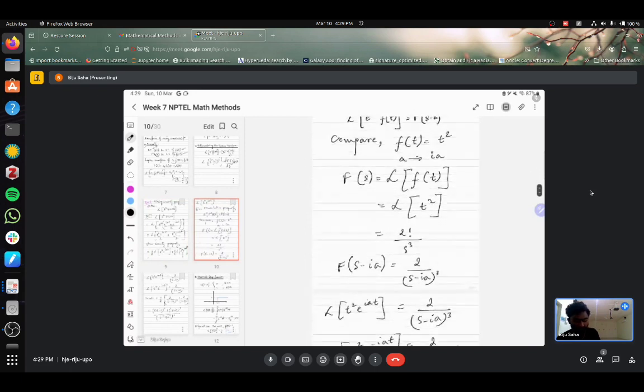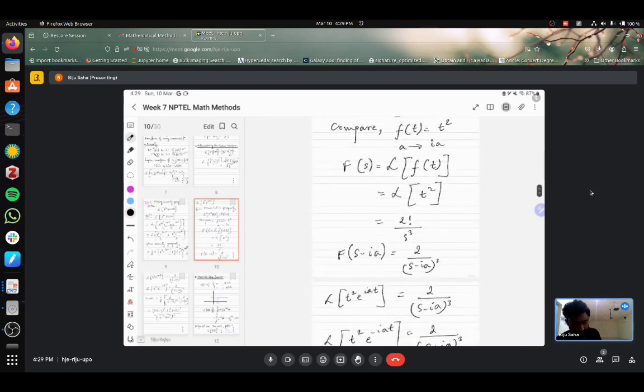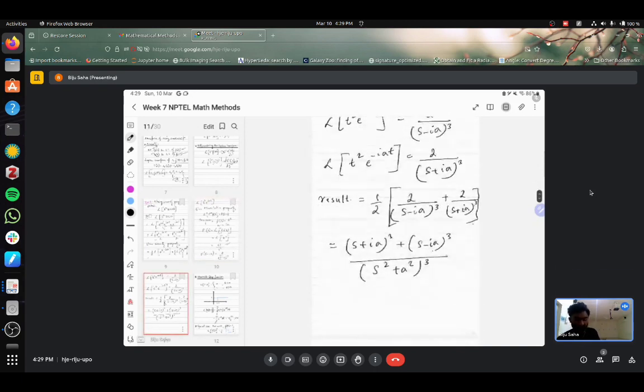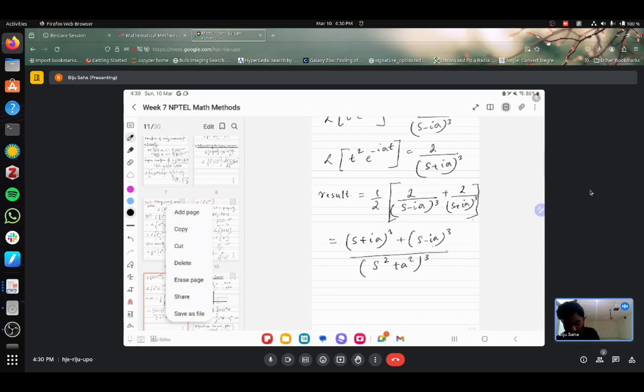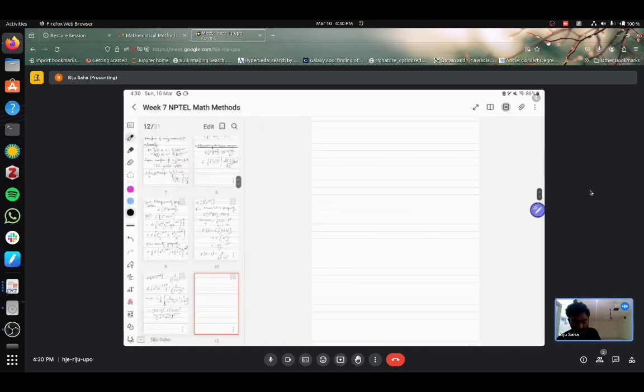We also used our result from the previous example, a general result. Using these three results, we could easily write down the Laplace transform of a complicated function. That is the beauty of knowing the various properties of the Laplace transform. You don't have to carry out the difficult integrations.